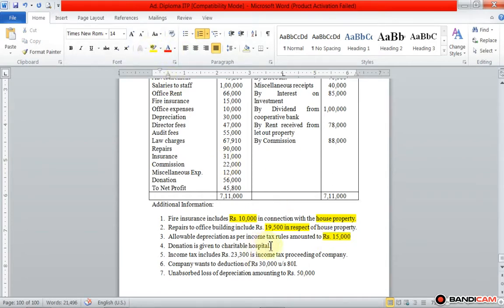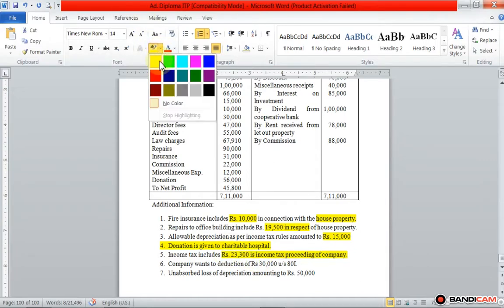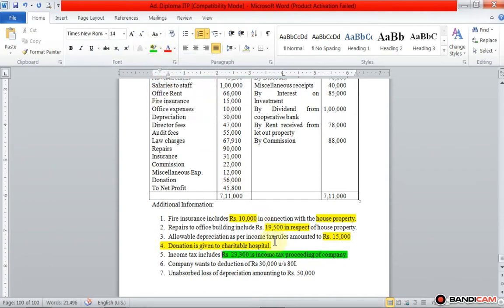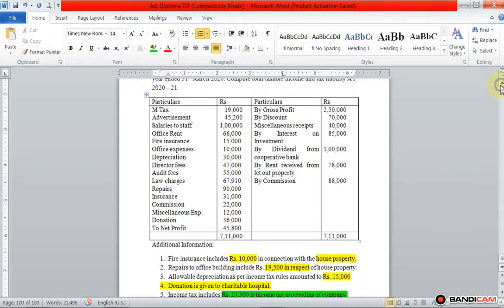Then donation to charitable hospital. Then income tax includes rupees 23,300 for income tax proceedings of the company, so this is an allowable expenditure. Then the company wants to deduct rupees 30,000 as deduction and unabsorbed depreciation amounted to rupees 50,000.